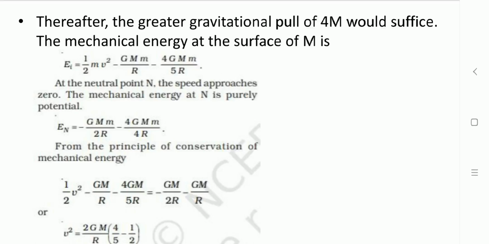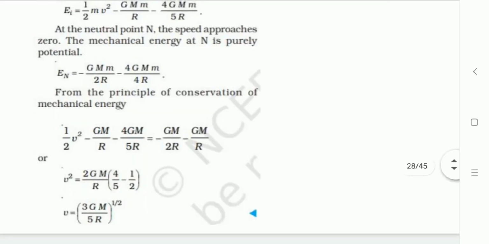So from conservation of mechanical energy, let us equate this equation. We have 1 half v square minus GM by R minus 4GM by 5R equal to minus GM by 2R minus GM by R. Here small m is cancelled from both sides, and making v the subject of the formula, we will get v equal to (3GM divided by 5R) raised to 1 half.